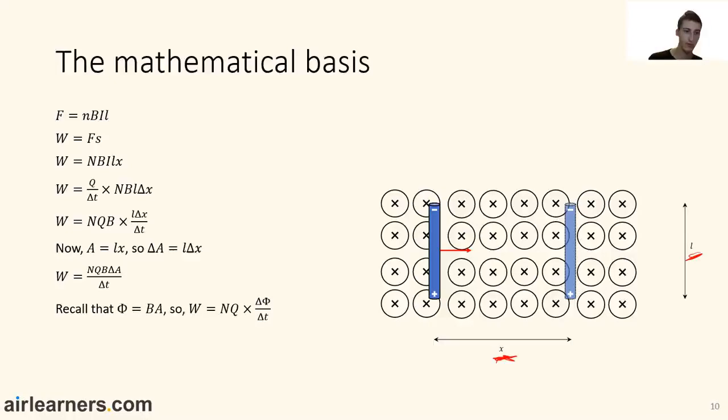So we know that flux phi is B times A. So we can pop that in instead of the B and the A, because now it's just going to be the change in flux. And we also know that work from area of study 1 is QV, the charge multiplied by voltage.